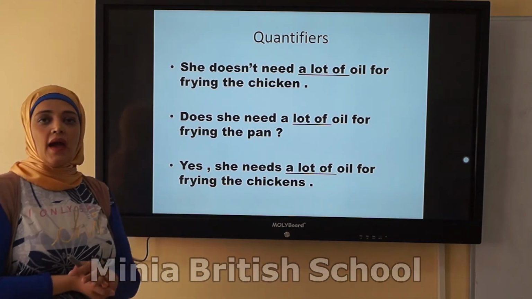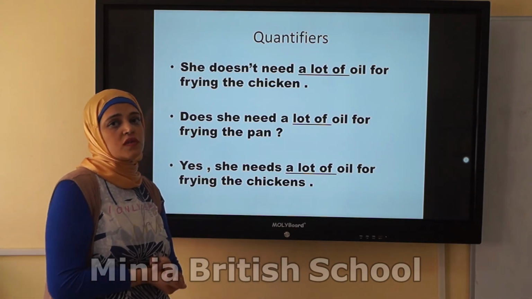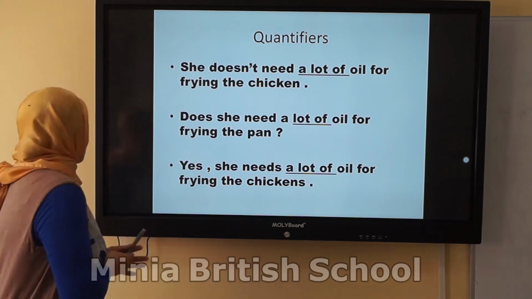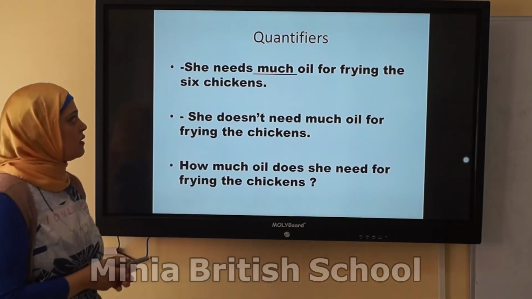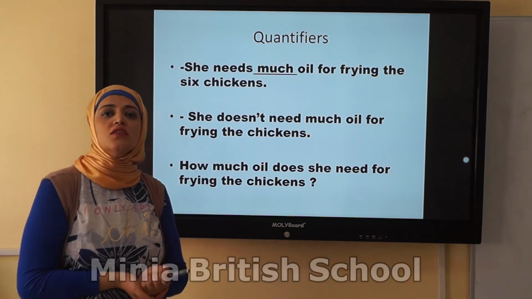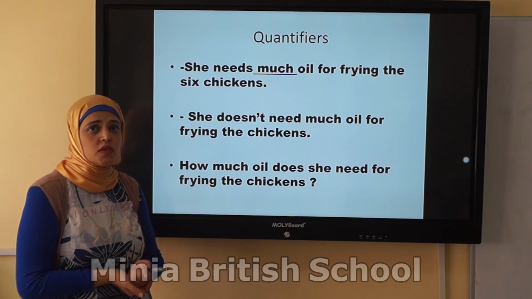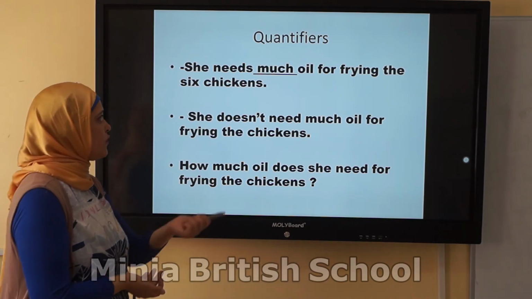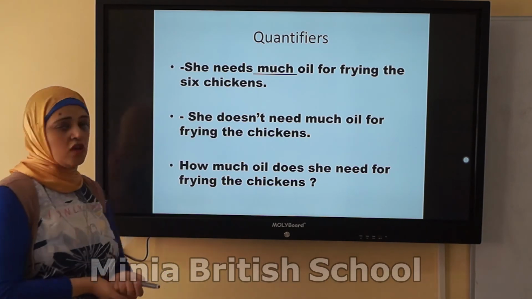Then we talked about the quantifiers that we can use with uncountable nouns, and we started with much and how we can use it with nouns that are uncountable, that we cannot count. As we said here, she needs much oil for frying 6 chickens.